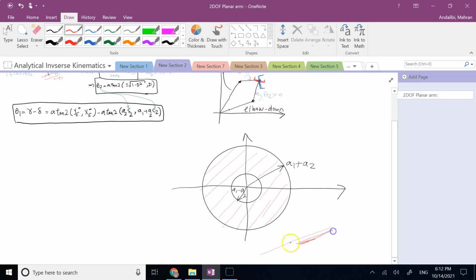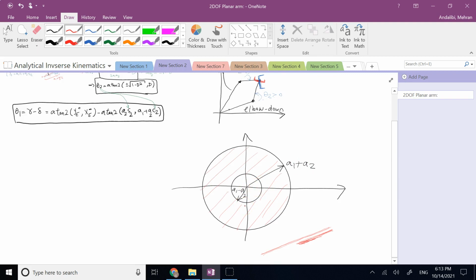So this is A1, this is A2. Again, can I reach the origin? No, I cannot. So again, you will have the same thing, but this radius is going to be A2 minus A1. So as long as A1 and A2 are not the same, you will have a disk. When they are the same, there will be no hole in the middle of the disk. It's going to be a solid circle.